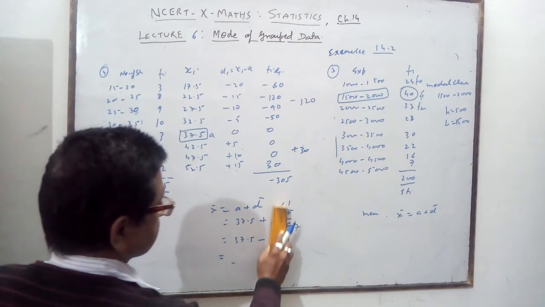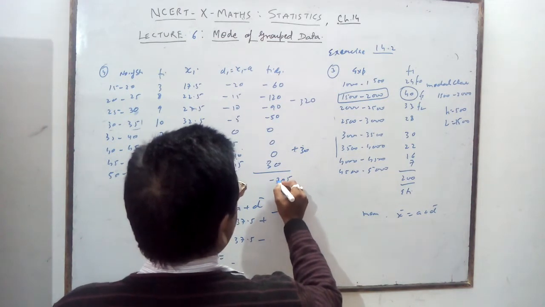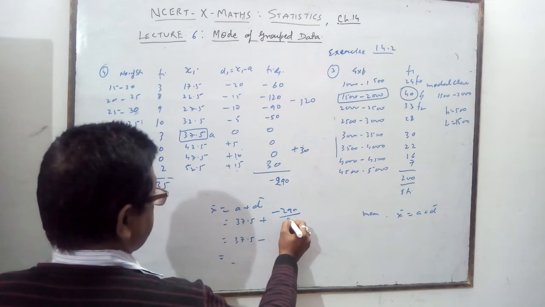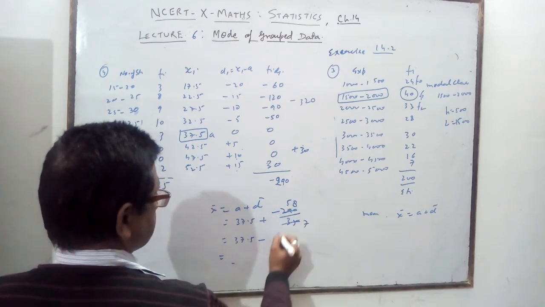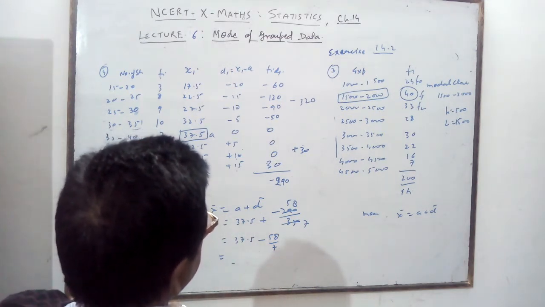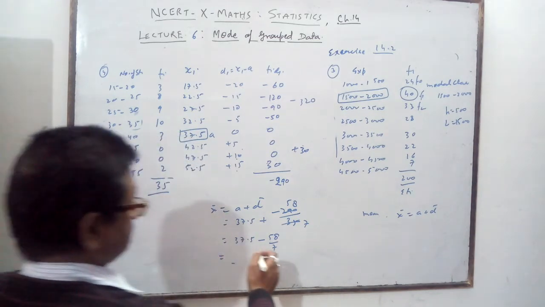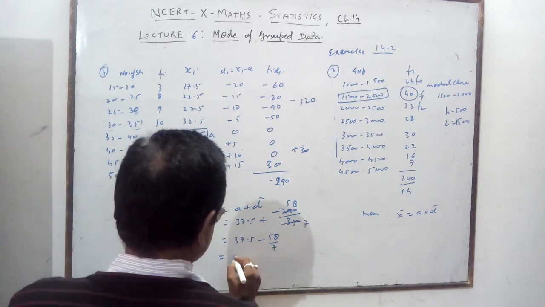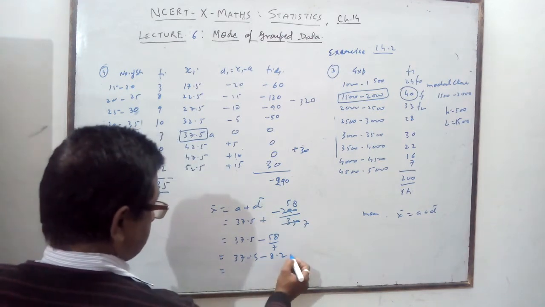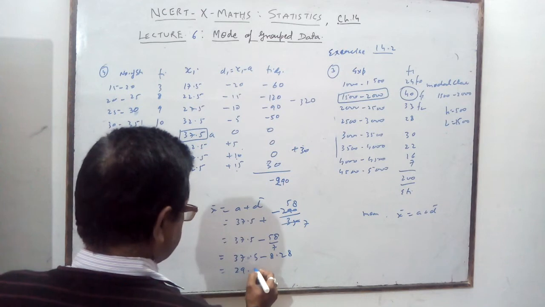Here you will get minus 290 by 35, which gives about 29.3.